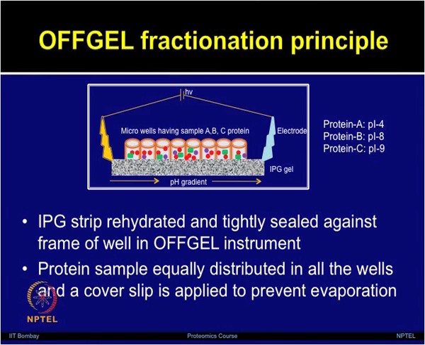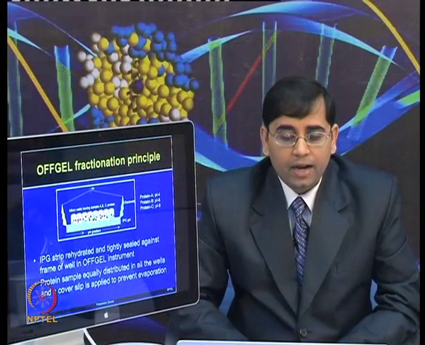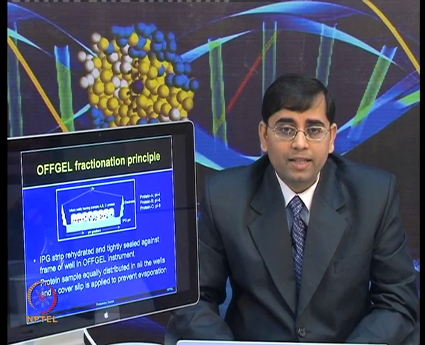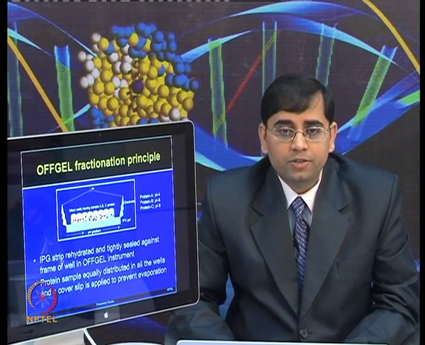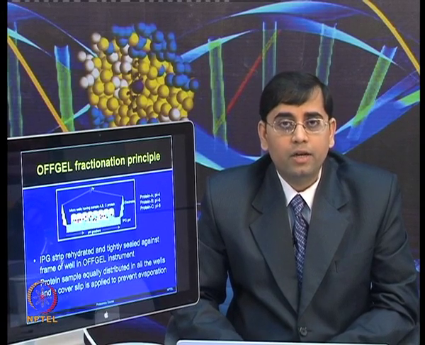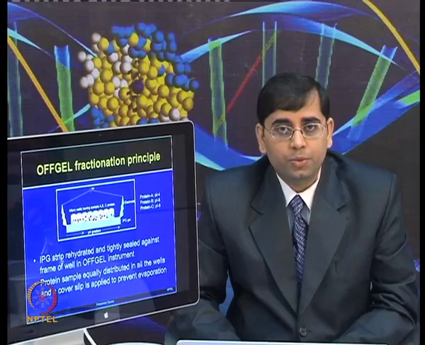Now, in the isoelectric focusing instrument, when you add your IPG strip, you apply your protein sample, and you have tightened the wells, the protein samples will be equally distributed in the wells throughout the IPG strip. Then you need to apply a cover slip, so that you can avoid any evaporation issues.